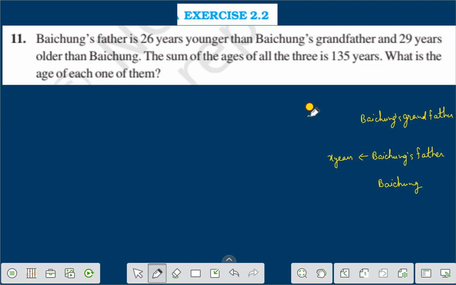And Baichung's father is 29 years older than Baichung. That means Baichung is X minus 29 years.